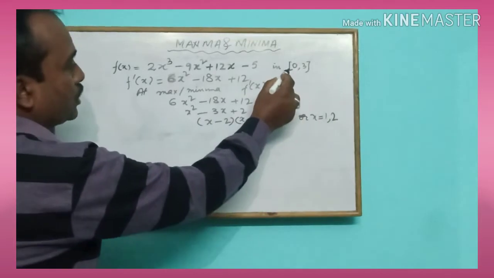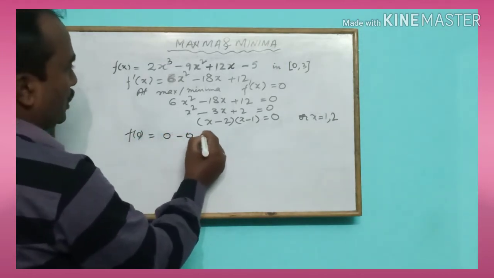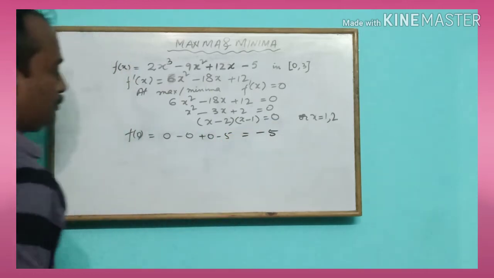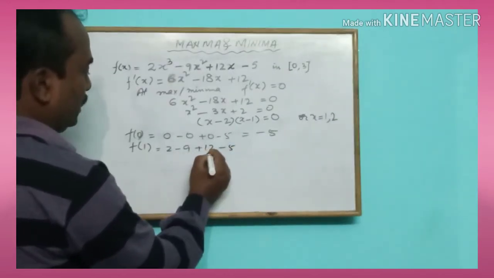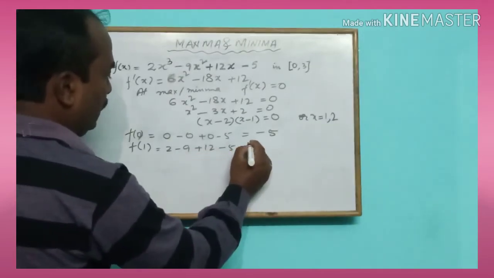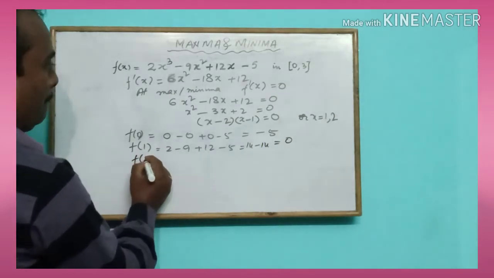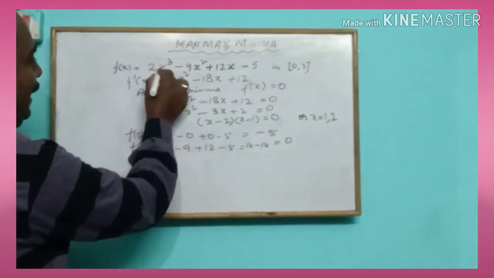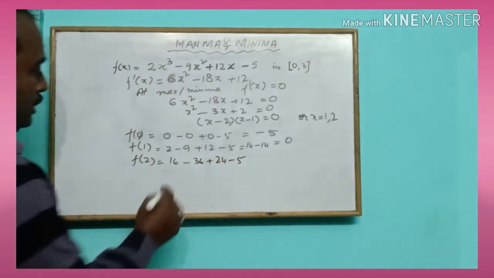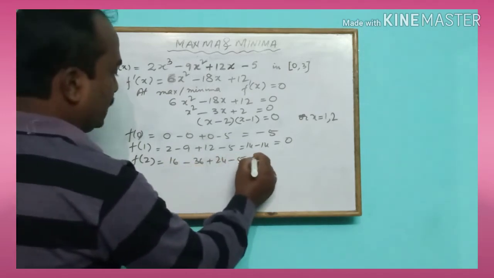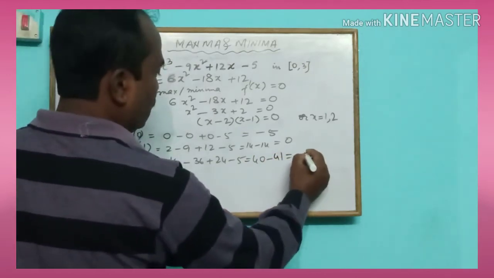Now let us find the four values: f(0), f(1), f(2), f(3). f(0) is 0 minus 0 plus 0 minus 5, that is minus 5. f(1) is 2 minus 9 plus 12 minus 5, that is 14 minus 14, that is 0. f(2) is 16 minus 36 plus 24 minus 5, that is 40 minus 41, that is equal to minus 1.